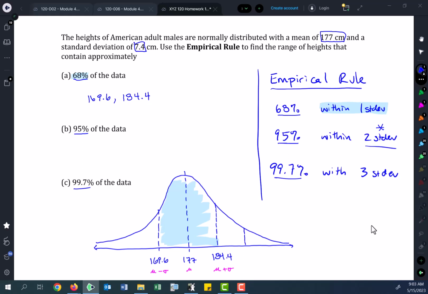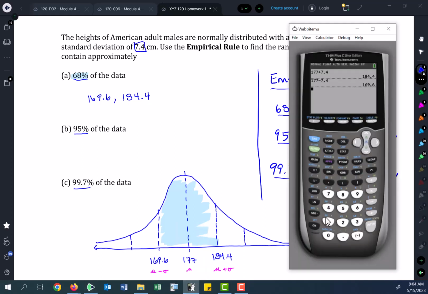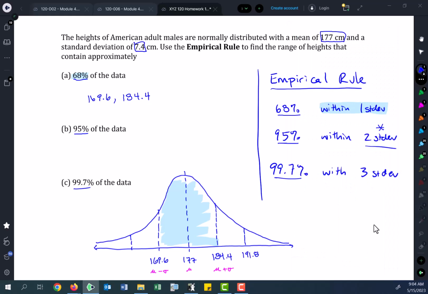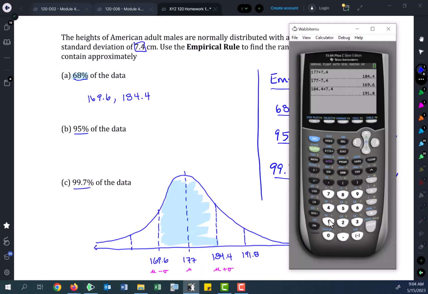So I just go another standard deviation. To do that, I take the 184.4 that I've gone so far and add 7.4 to that to get 191.8, and then 169.6 minus the 7.4 gives me 162.2.